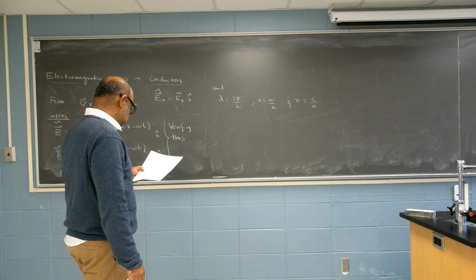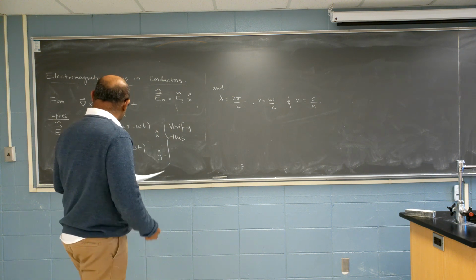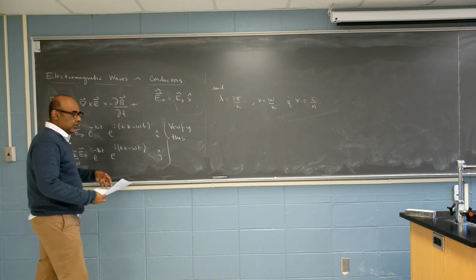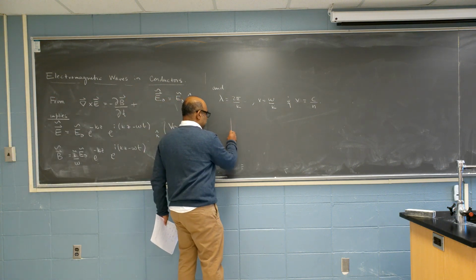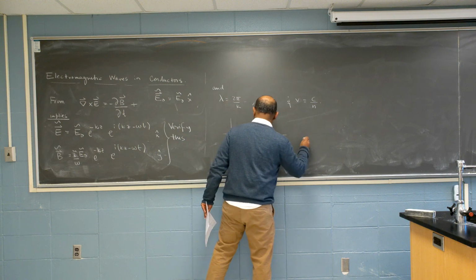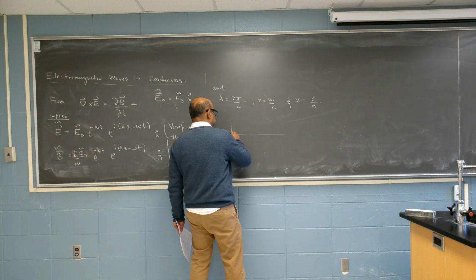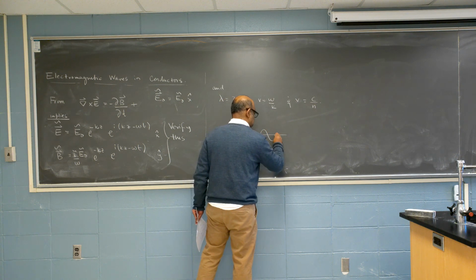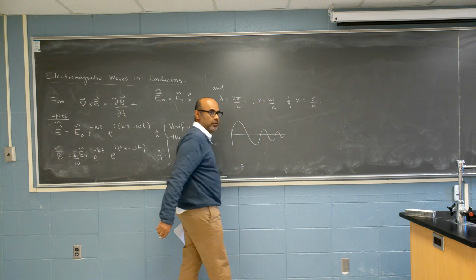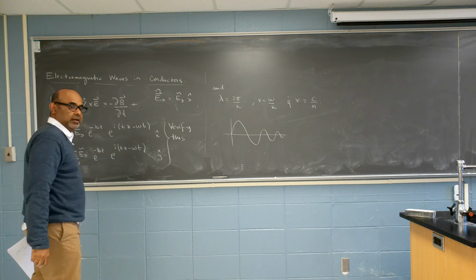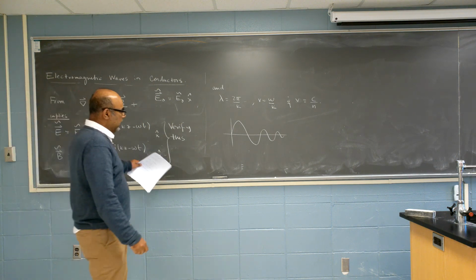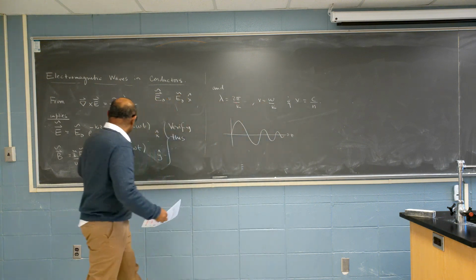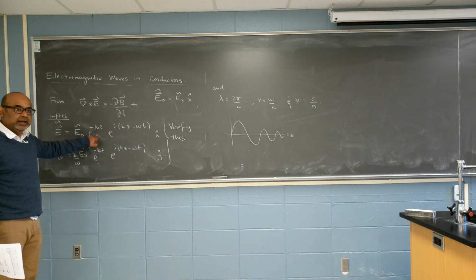And so if I were to draw this, because this is the wave part, this is an attenuation. So my electric field is going to look like this. Because as it goes in the z direction, the amplitude gets decayed.